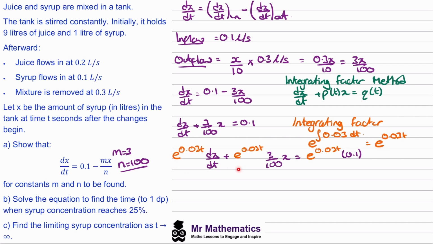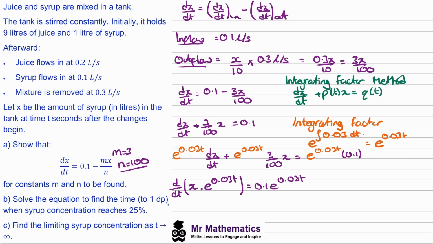So you can see the left-hand side is now the derivative with respect to t of the x term multiplied by the integrating factor, because when you differentiate this, we get dx by dt, and the integrating factor, because when you differentiate this, we bring the 0.03 down, we get the 3 over 100 multiplied by this integrating factor. So the left-hand side becomes x multiplied by e to the 0.03t. And when you differentiate this with respect to t, we get the right-hand side.